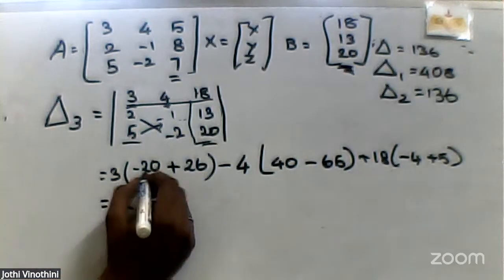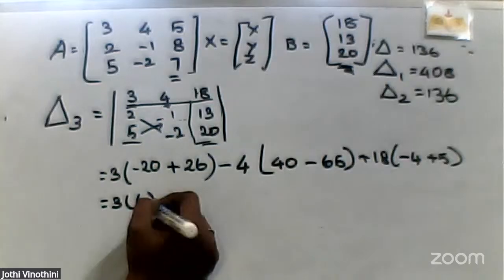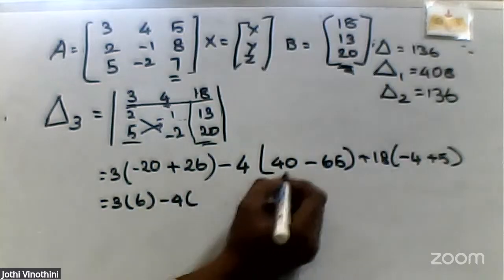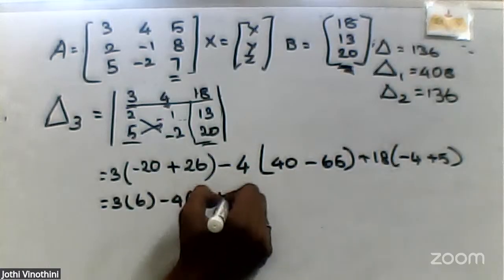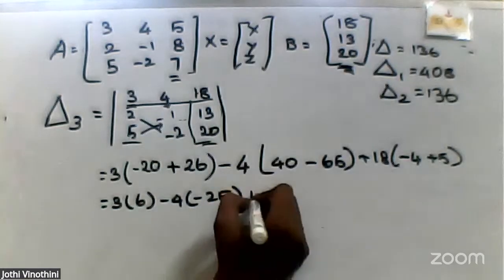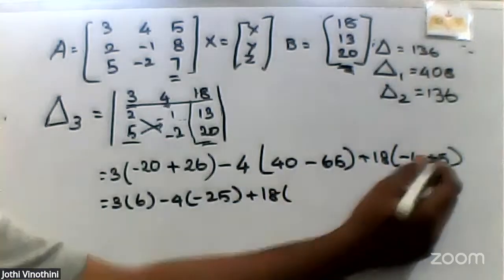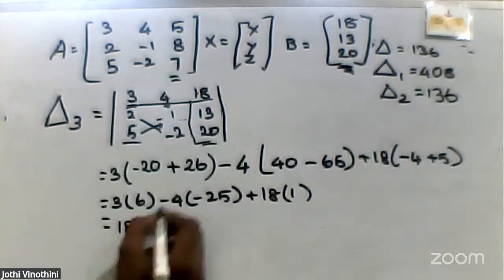So 3 multiplied by minus 20 plus 26 is 6. Minus 4 plus 40 minus 65 is minus 25. And here it is 18 into minus 4 plus 1 is 1. So it will become 6 3s are 18.